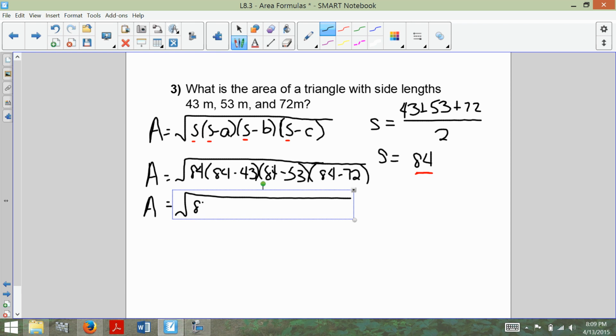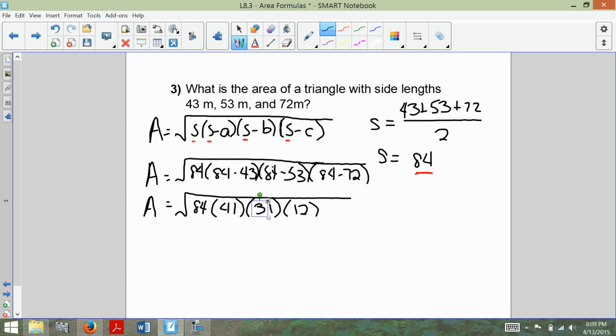So we've got 84 times the first difference, 84 minus 43, which is 41, times the second difference, 84 minus 53, which is 31, times the third difference, 84 minus 72, which is 12.